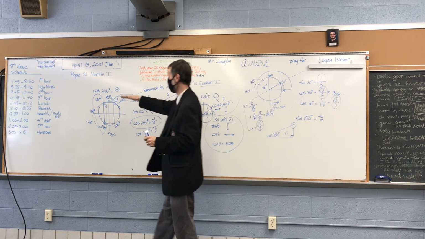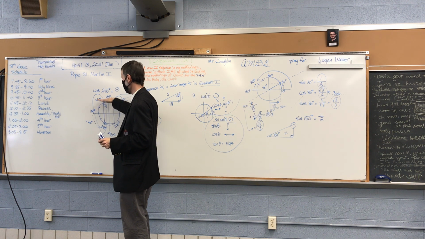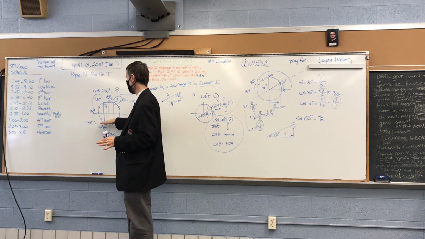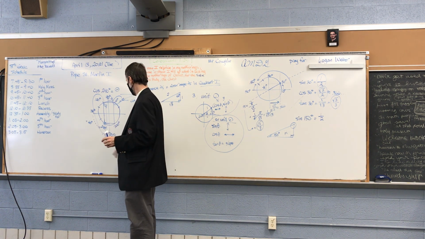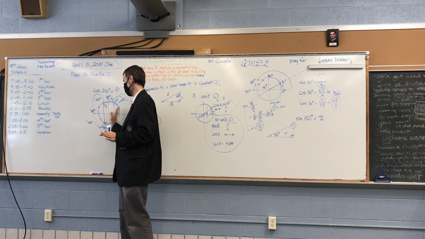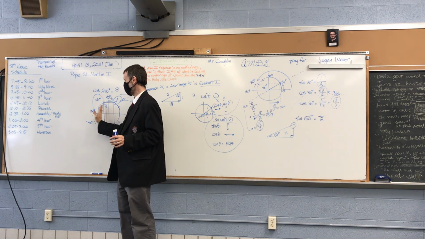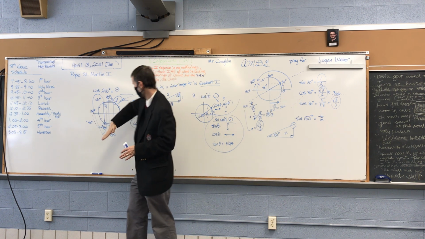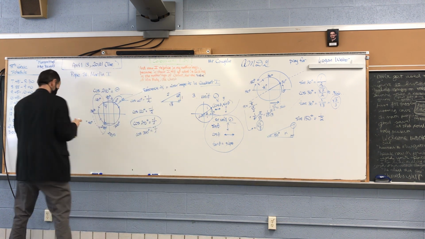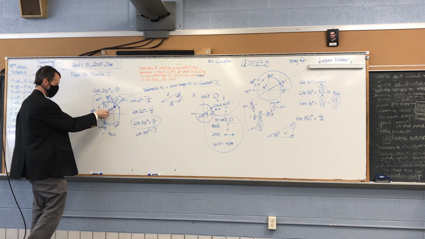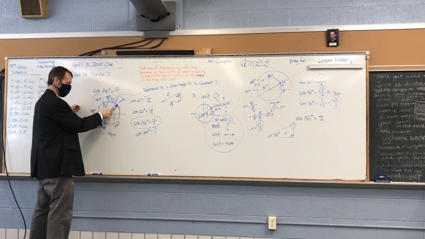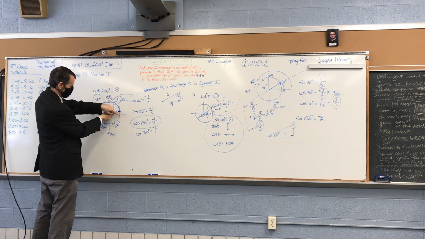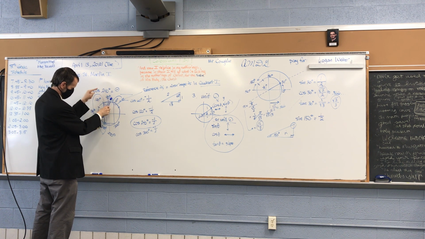Sine is how far up or down it is. Above is going to have a positive sign. Below is going to have a negative sign, S-I-N-E. Cosine is how far over you are, left or right. To the left is negative cosine. To the right is positive cosine. Tangent is your slope, whether it's uphill or downhill. If it's uphill, you have a positive slope, so positive slope in quadrant 1 and quadrant 3.